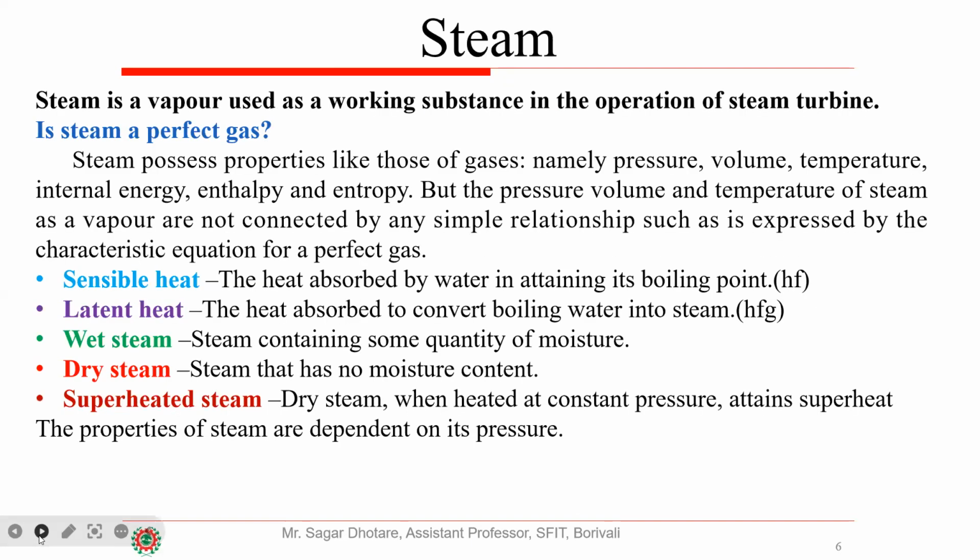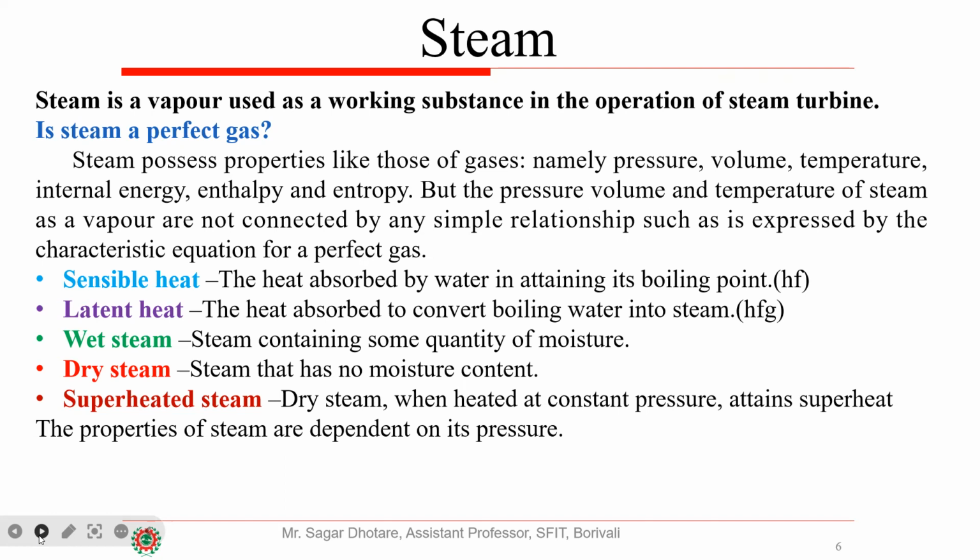Then the basic requirement of any steam operated machine, that is steam. So what is steam? Steam possesses properties like a gas, having pressure, volume, temperature, internal energy, enthalpy, and entropy.